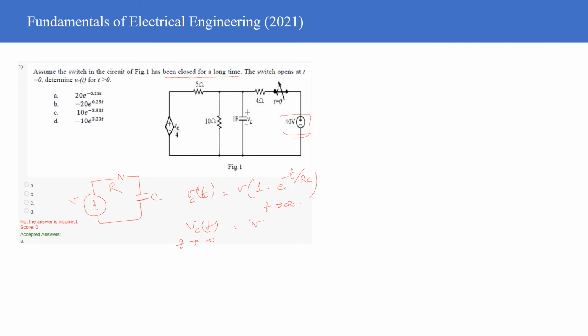So this is something which you must remember, and the same thing was discussed in the previous interactive session also. So this implies that as the time goes to infinity, the capacitance acts as an open circuit, right?